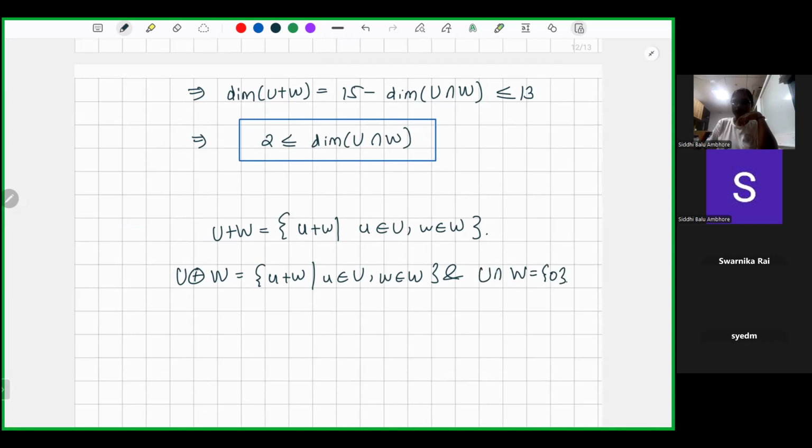In this case also, the dimension of the direct sum U plus W is always the dimension of U plus the dimension of W, because the intersection is 0. So the dimension of the intersection is always 0, and using the formula we can always get this.